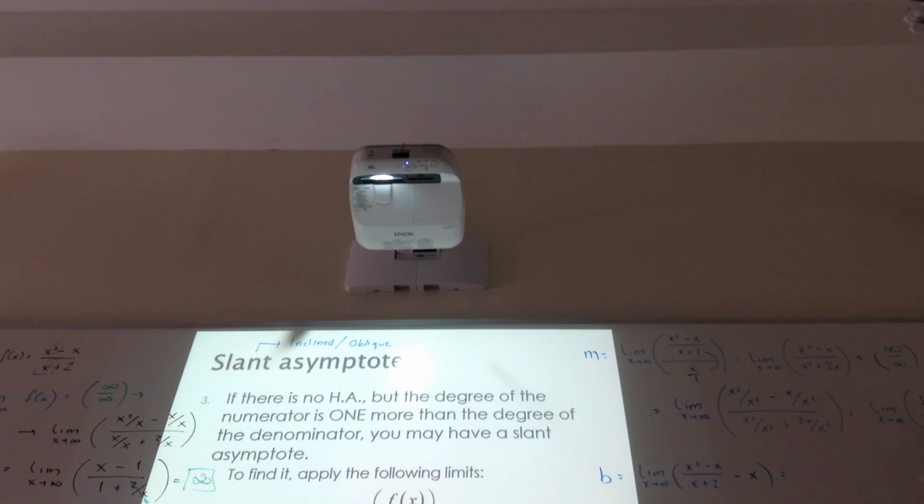Now what do I do with those two? This one and that one, what do I do? Common denominator. What's the common denominator? x plus 2. So it's going to be x squared minus x, and then the other one would be x squared minus 2x.